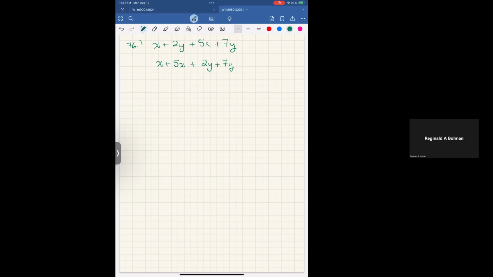So what did I do? We're given this nasty looking expression. I shifted the 5x and I parked it next to my other x, and I shifted my 2y backwards to park it next to my 7y. There's a reason I'm going to do this, because the next thing we're going to do is we're going to combine like terms. So what is a like term?